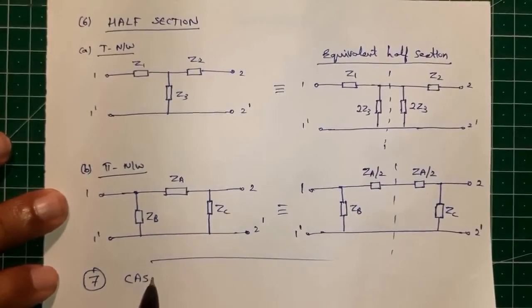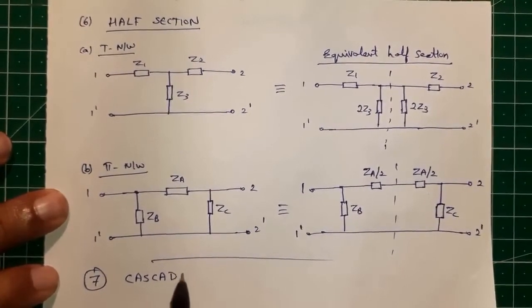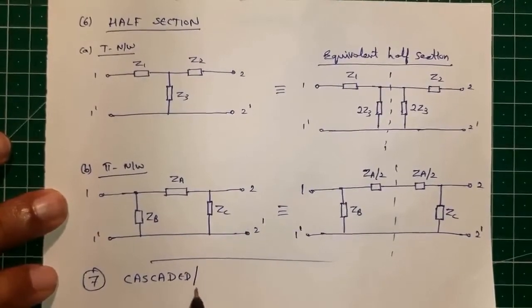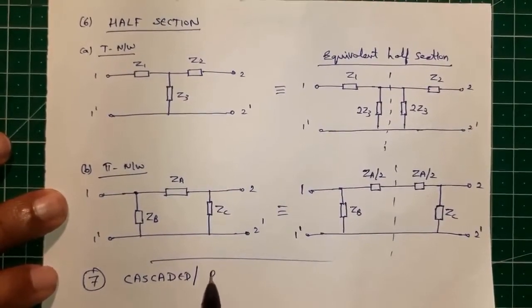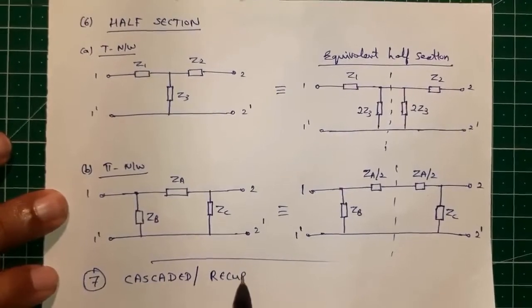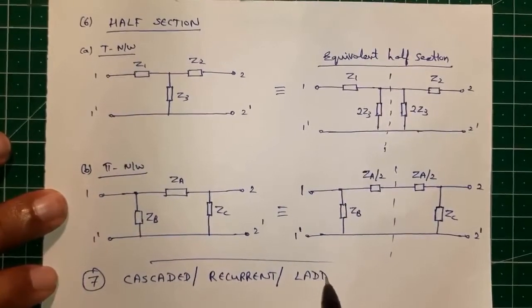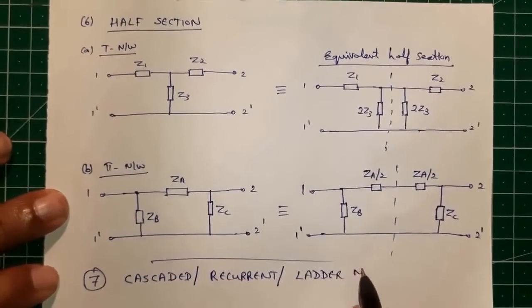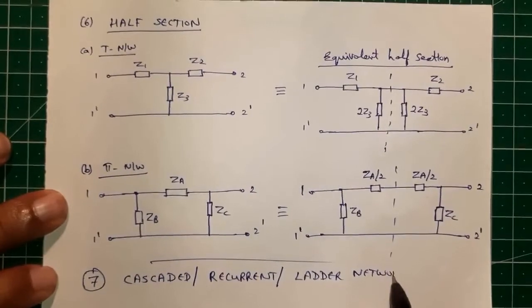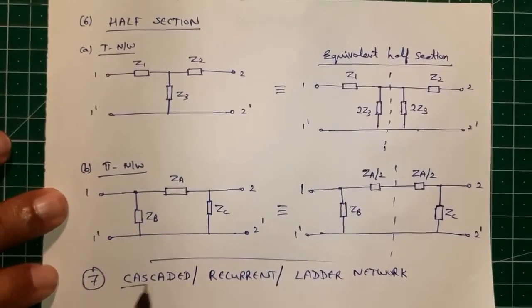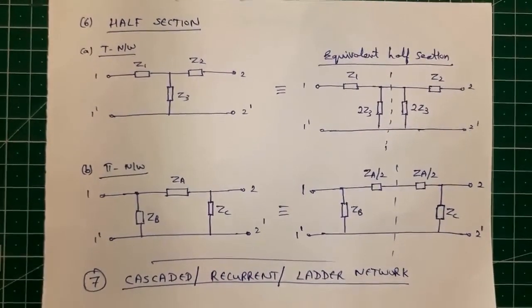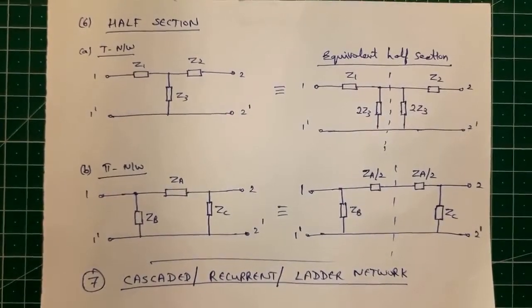Or we can have a cascaded or recurrent or a ladder network. So we can connect any of these networks that we have discussed so far in a cascaded manner.